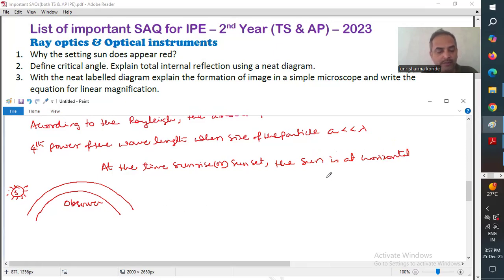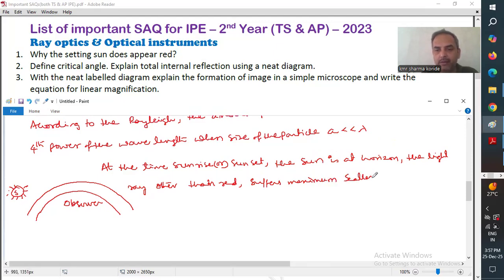The light rays other than red suffer maximum scattering because their wavelength is less.